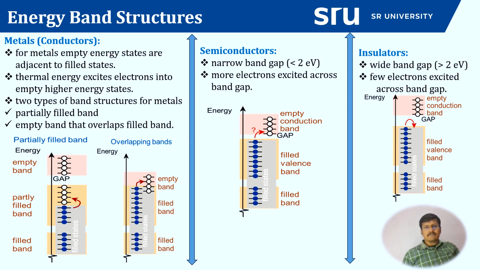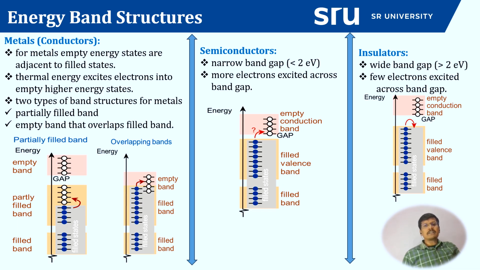Let us compare the three types of materials as shown in the diagram below. First, let us discuss the conductors, where either the conduction band overlaps the valency band or the conduction band is partially filled. Therefore, the electrons can move easily with very little energy input.